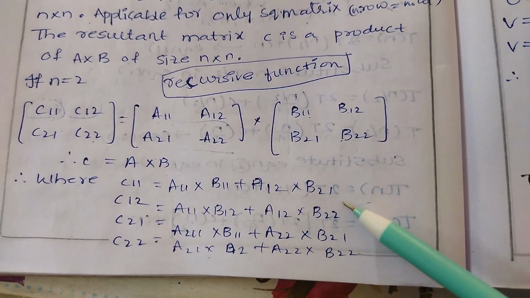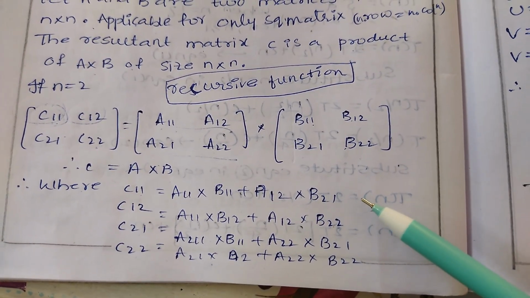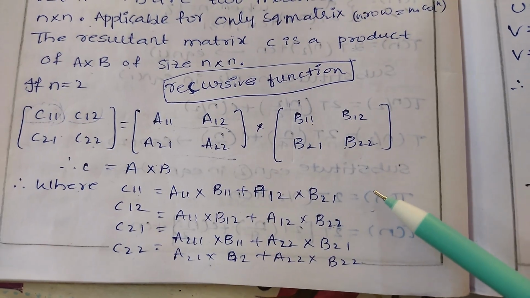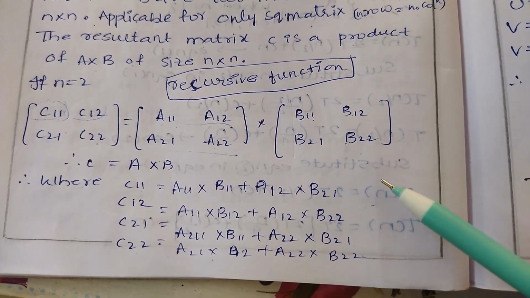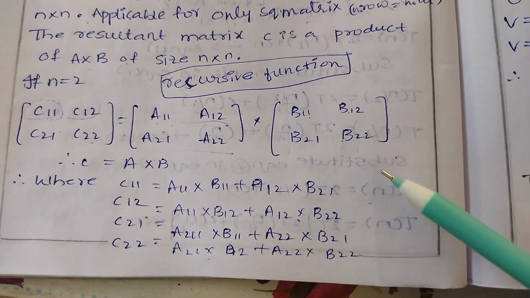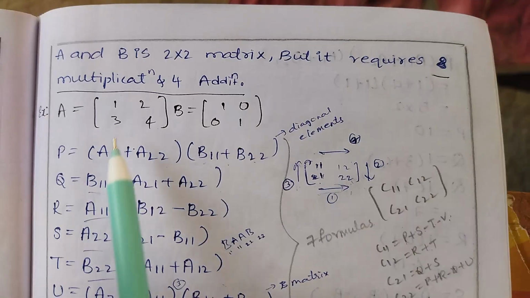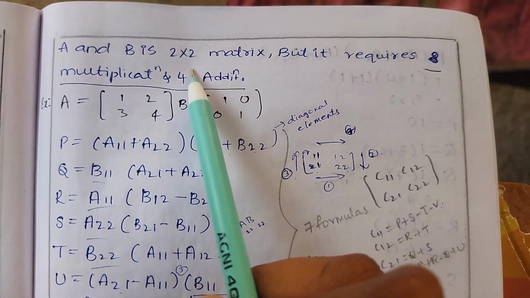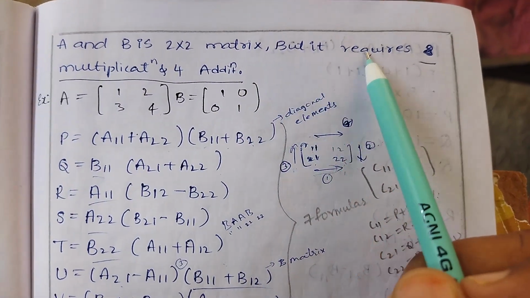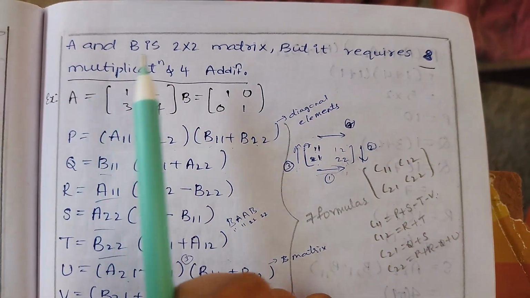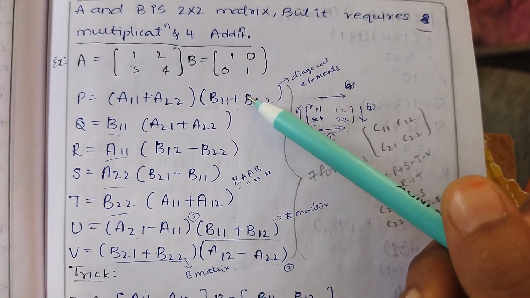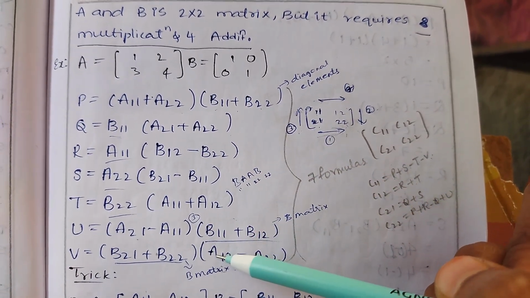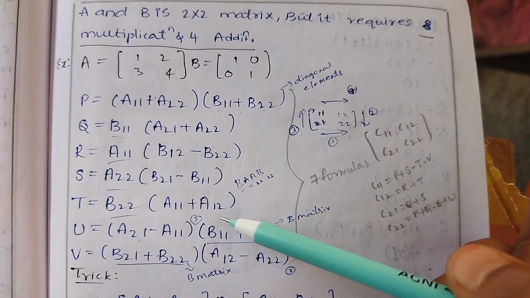It will decrease the time and is used for doing the process in less time with easier formulas. A and B are 2 cross 2 matrices, but the general method requires 8 multiplications and 4 additions. This is the example. These are the formulas introduced by Strassen.